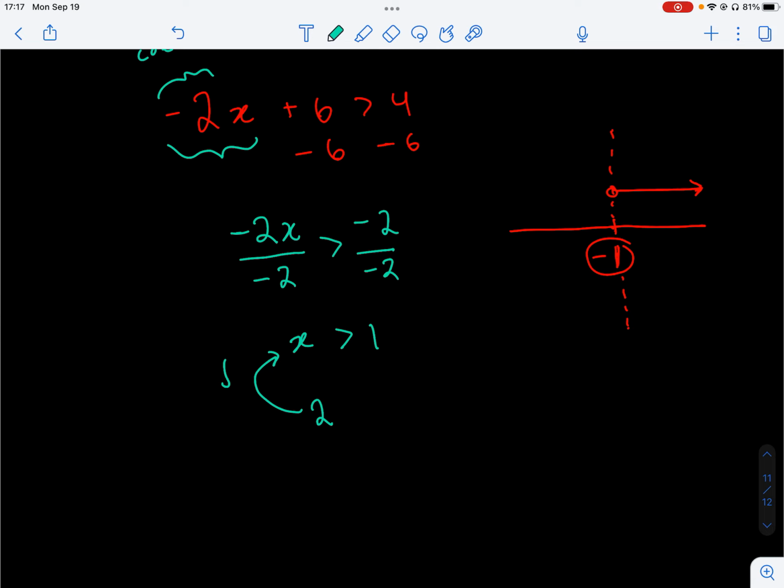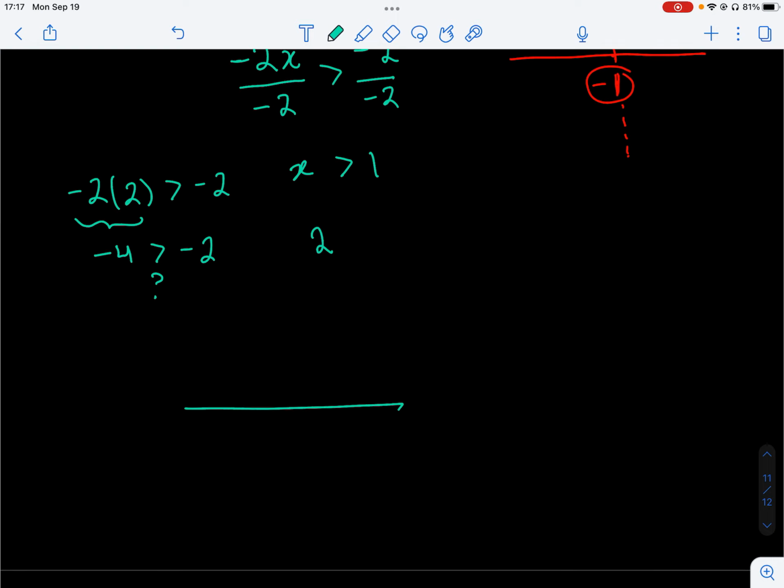However, we got this expression from the one before it. Let's verify to see if 2 is going to work for the original expression. Negative 2 times 2 should be greater than negative 2. Negative 2 times 2 is negative 4. Is that greater than negative 2?